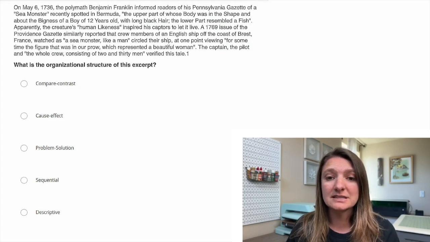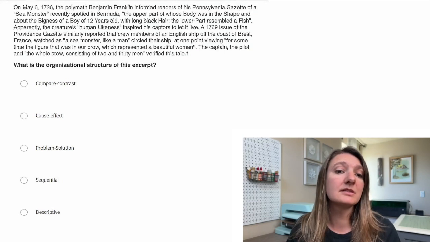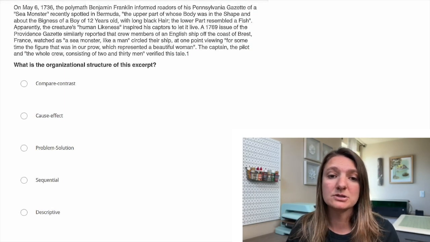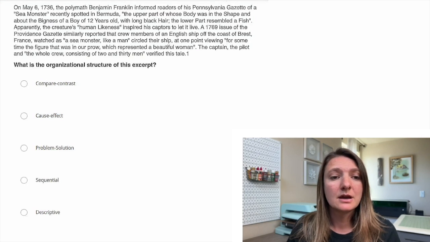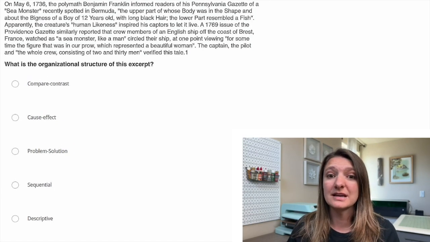A 1769 issue of the Providence Gazette similarly reported that crew members of the English ship off the coast of Brest, France, watched as a sea monster-like man circled their ship, at one point viewing for some time the figure was in our prow, which represented a beautiful woman. The captain, the pilot, and the whole crew consisting of 32 men verified this tale. What is the organizational structure of this excerpt?